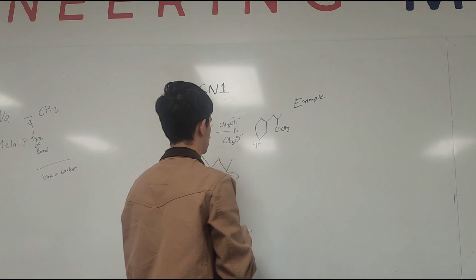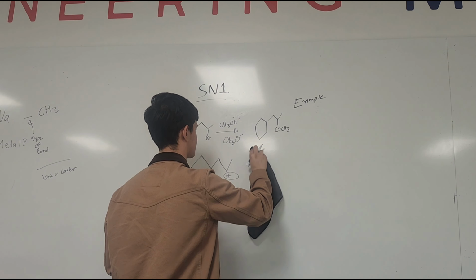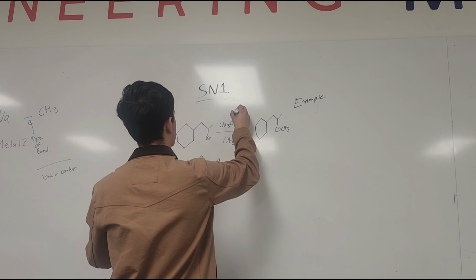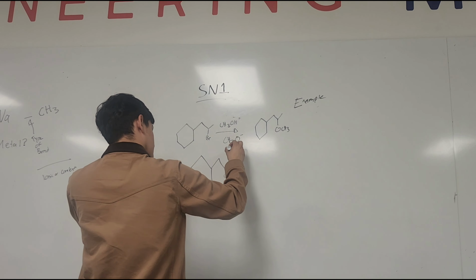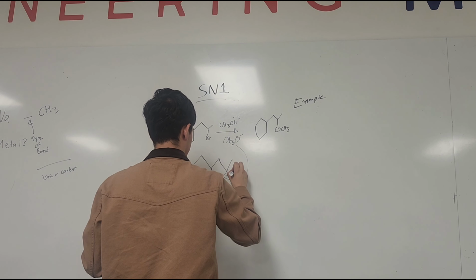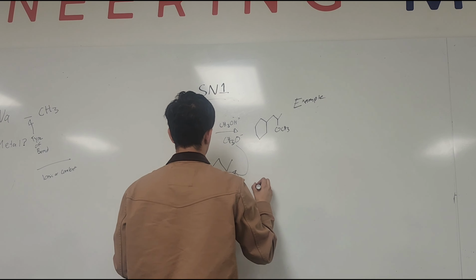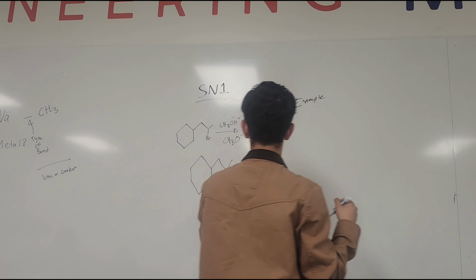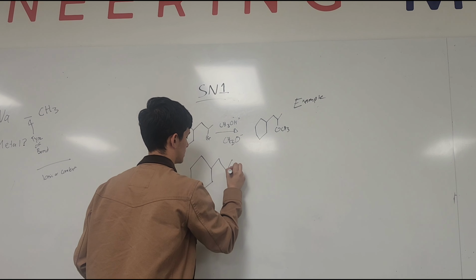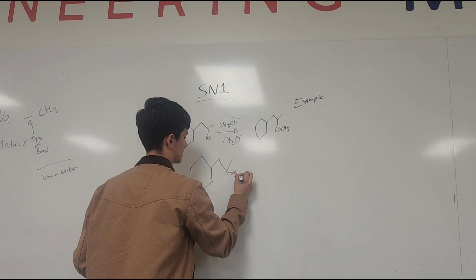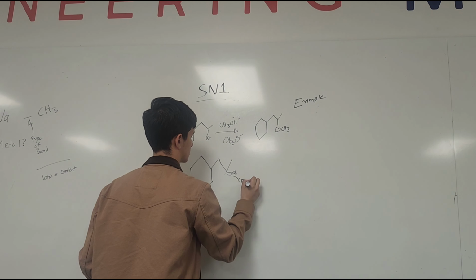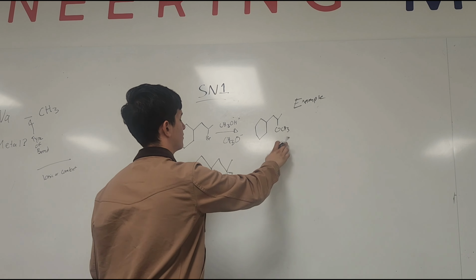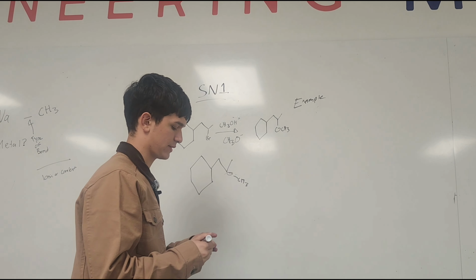I understand that can be deceptive. So this one's positive, this one's negative, and the negative one is going to come and attach here. It attaches, CH3. So that's what we have over here.